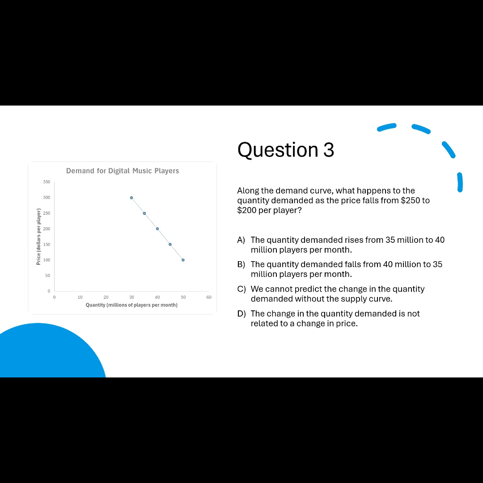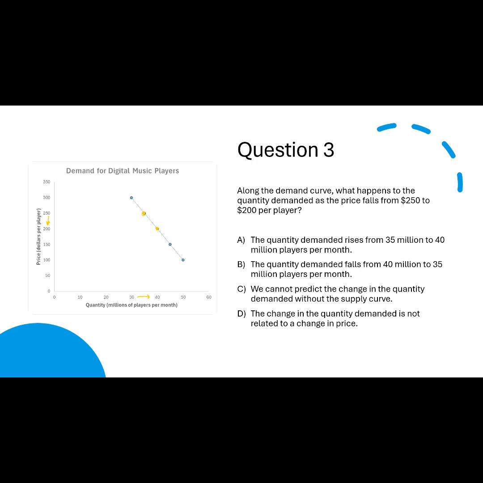So here we are at this point, $250. Let me get my pen out here. It has fallen to $200, and so the quantity demanded has increased from 35 to 40 million.